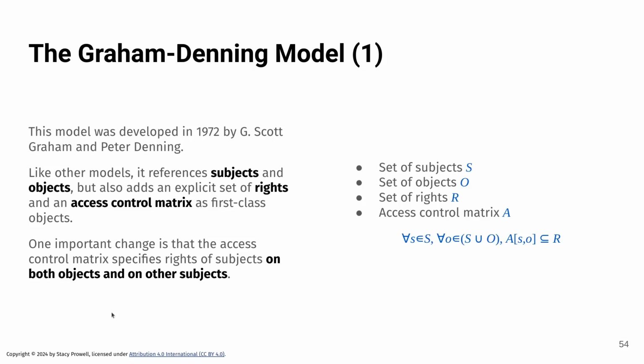So you'll see this little funny thing down here on the right for all subjects and for all O, where O could be a subject or an object. We define the access to be some subset of the rights. Could be empty, no rights. Could be all of R, all the rights. Could be some other subset. Okay? But we're able to specify one subject's rights with respect to another subject or with respect to an object.